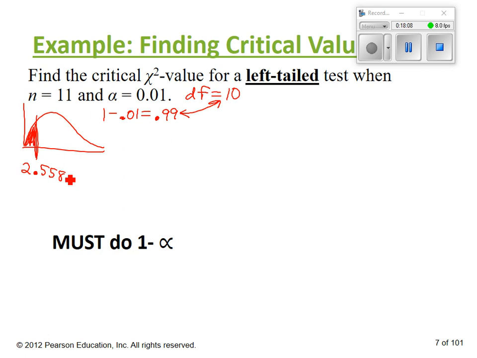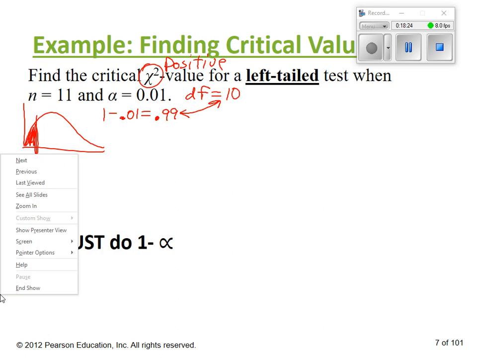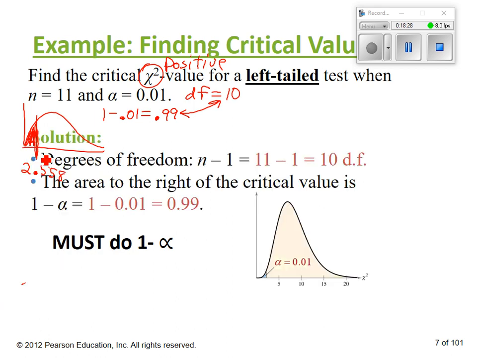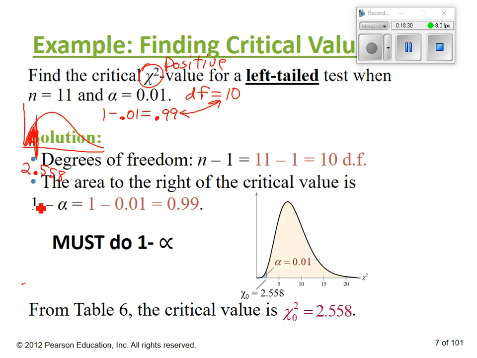No. Remember with chi-squared, everything is positive. If we were doing the z-scores, then that would be a negative if we're on the left. But for chi-squared, that's a positive. So that's our critical value. Hopefully we did it right. 2.558.